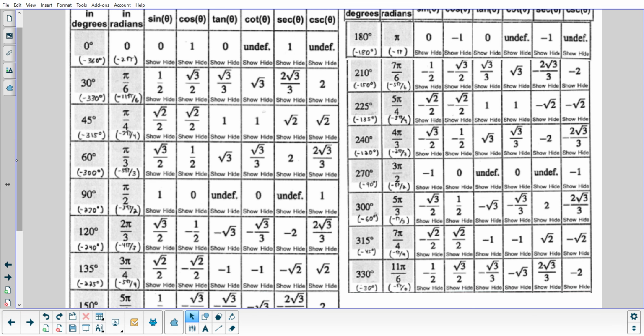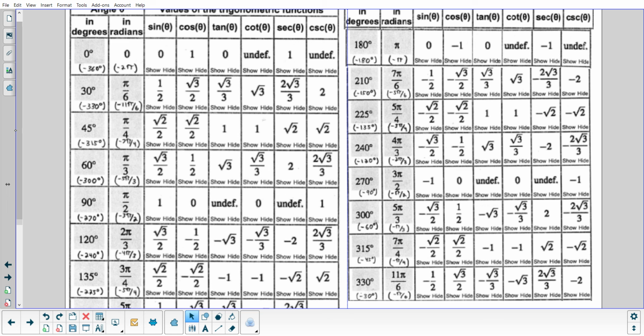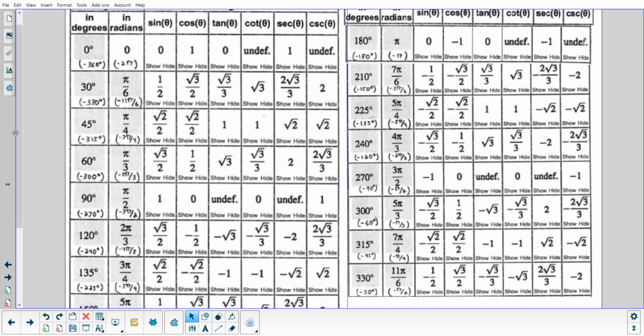All right. Now we got to kind of switch gears again. Inverse tangent. What are we supposed to be between this time? Negative 90 and 90, but it'll never include negative 90 or 90. You don't even have to really remember it, because if you try to include 90 when you go to tangent, you can't. It says undefined. All right, so what's the inverse tangent of square root of 3?